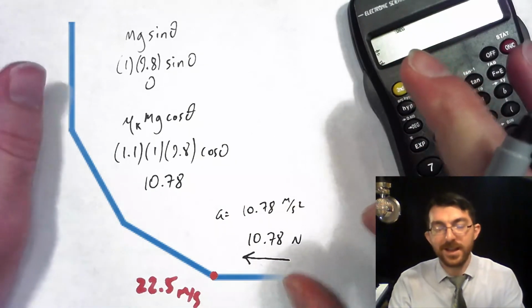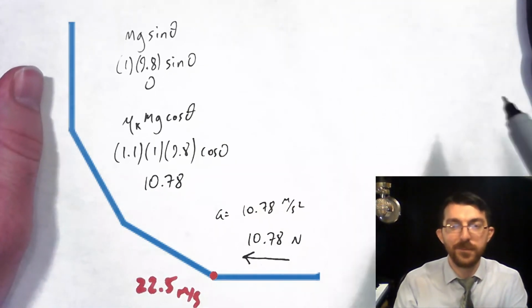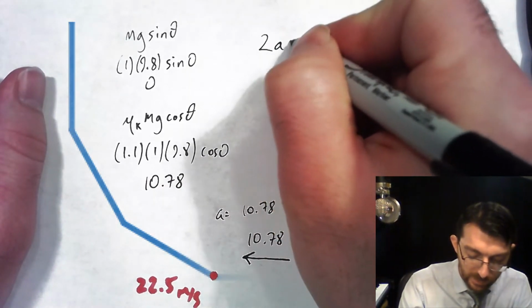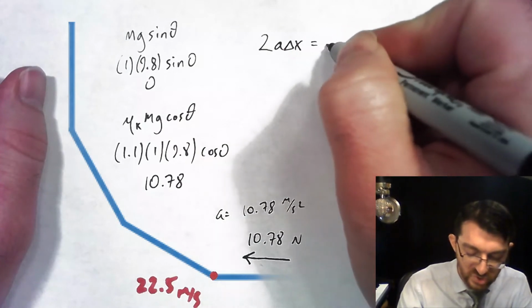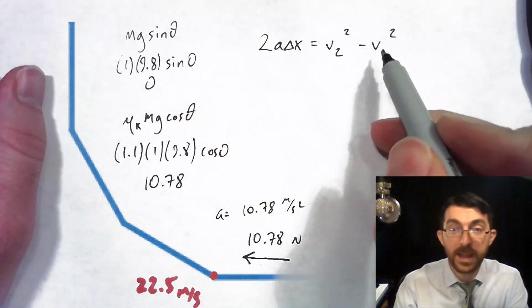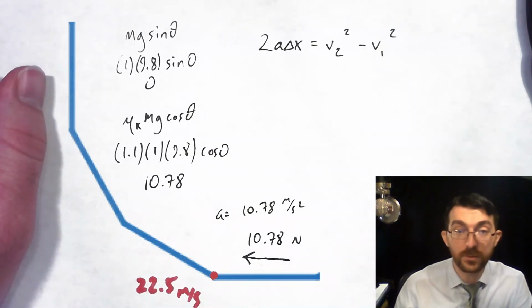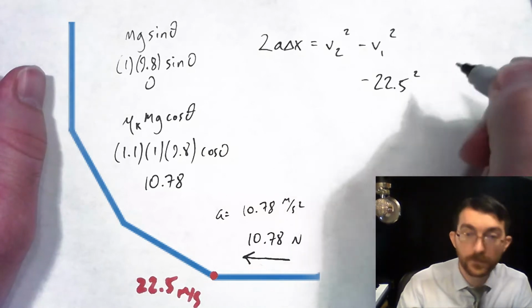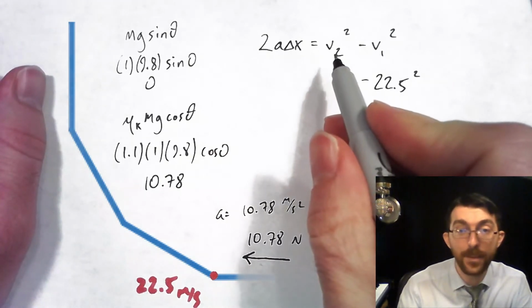Now we get to finish the problem. This time we're not looking for a velocity, we're looking for a delta x because we are assuming a velocity. It started out at 22.5. It's ending up at 0.